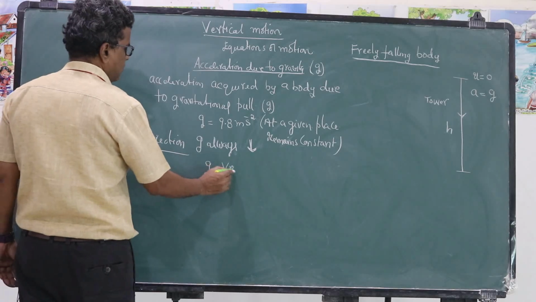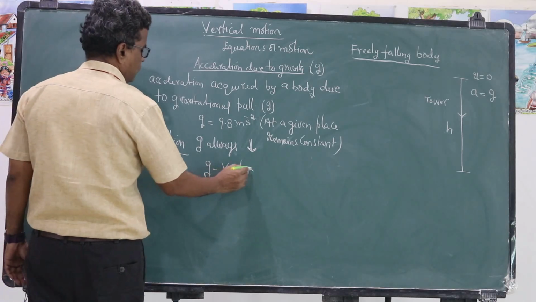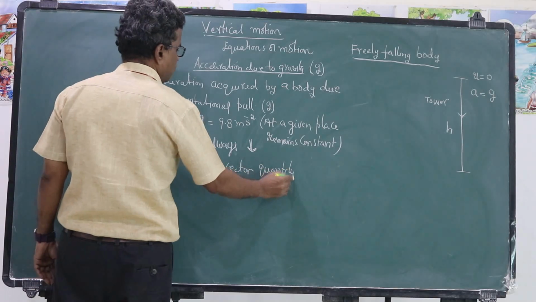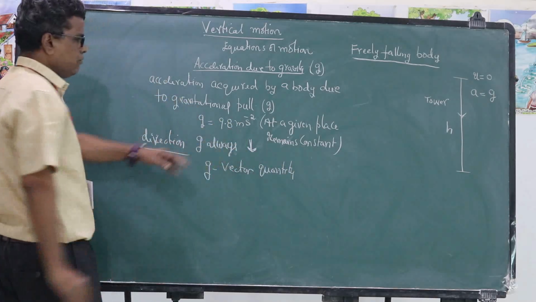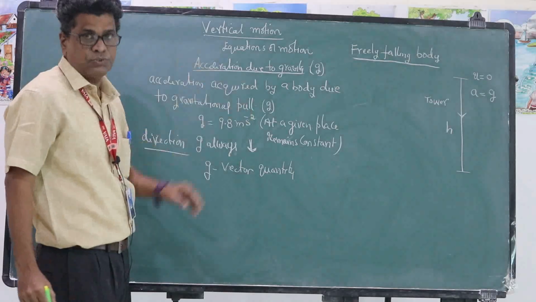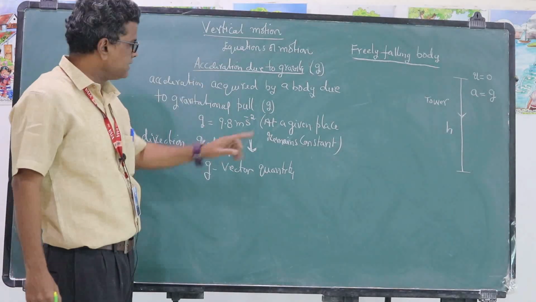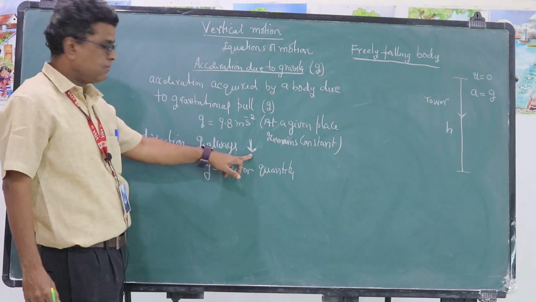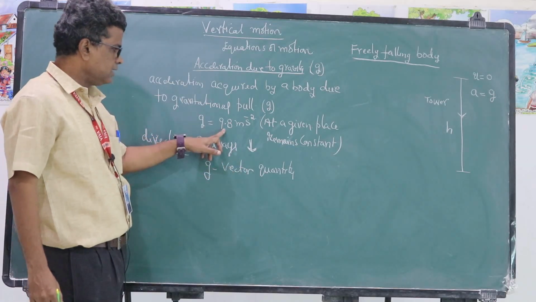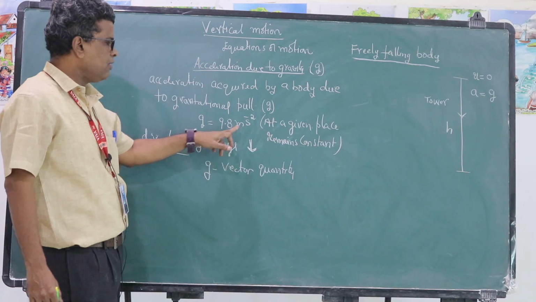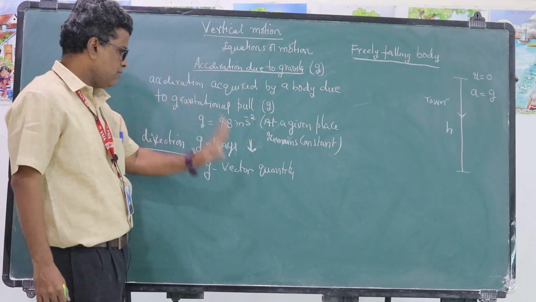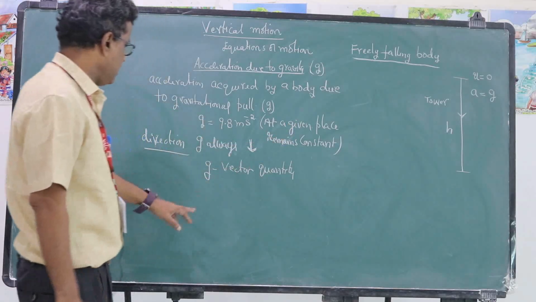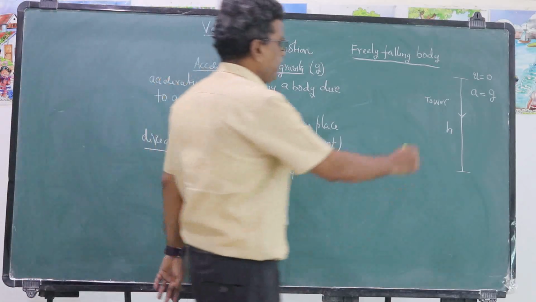Its unit is meter second to the power minus 2, the same as acceleration. Its magnitude is 9.8 meter second to the power minus 2, which we take as constant here.